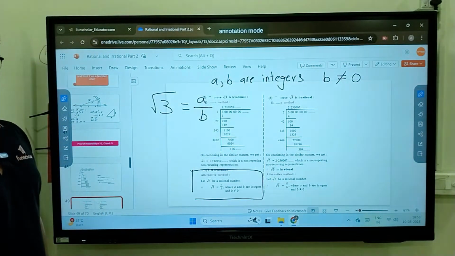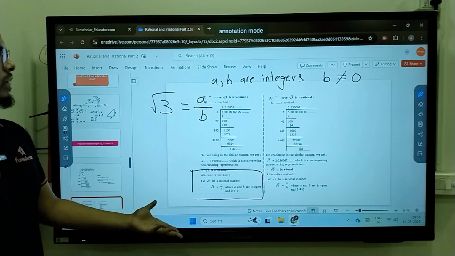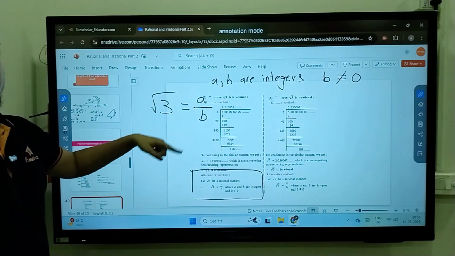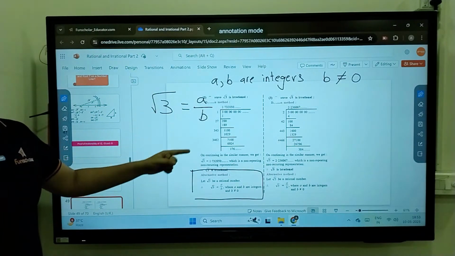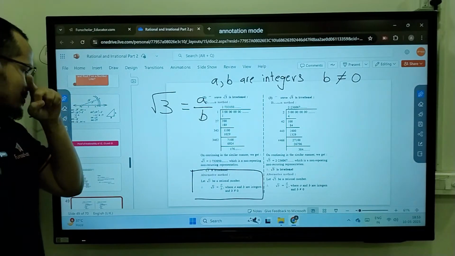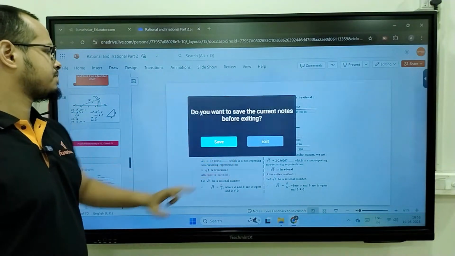But this is not going to work anyway, because we cannot write this as a by b with two integers. This will only be possible when there are terminating decimals.